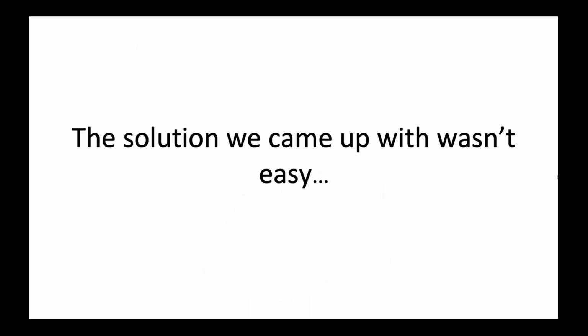And I said, hey, here's what we're looking to do. Here's the problems we're running into. Here's what I think is a way to get around that. What are your thoughts? After a lot of back and forth, experimentation and research, we came up with a solution, but it wasn't easy.